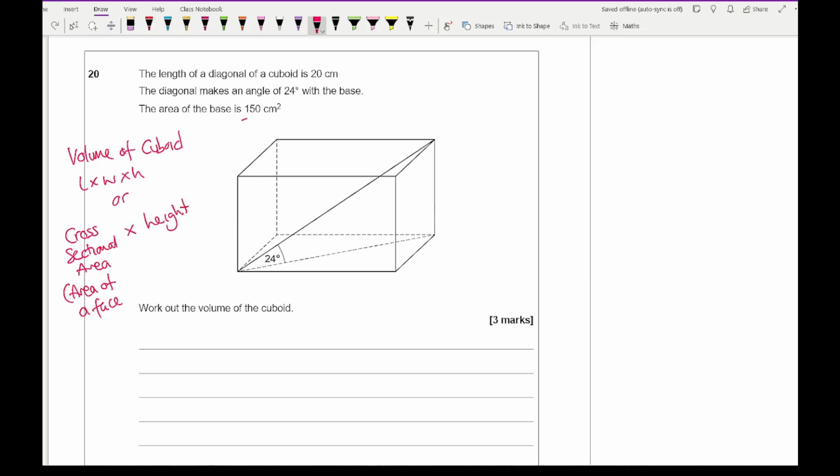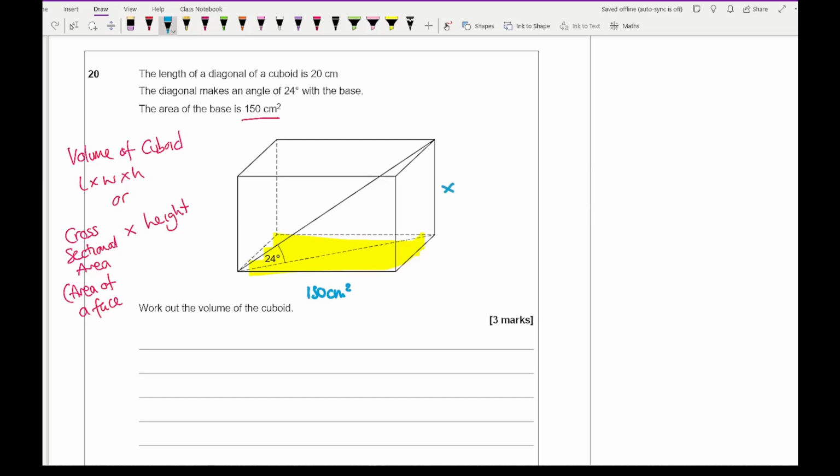Now in the question it tells me that the area of a base is 150, so the base of this here, which I shouldn't really use that colour because it kind of demoralizes the whole question. Let's do this in highlight. So this area here is 150 centimeters square. So if I can then work out what this length here is going to be, which I'm not going to call h, I'm going to call x.